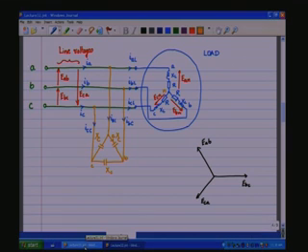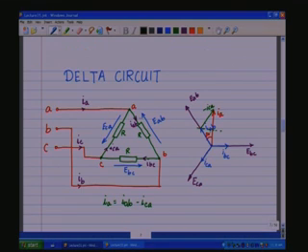If I put back the delta network circuit which we discussed in the last session, we have IA, IB, IC, and then the currents inside the phase circuit. You see that the phase current is in phase with the line voltage, and the line current is lagging EAB by 30 degrees, if it had been resistive.